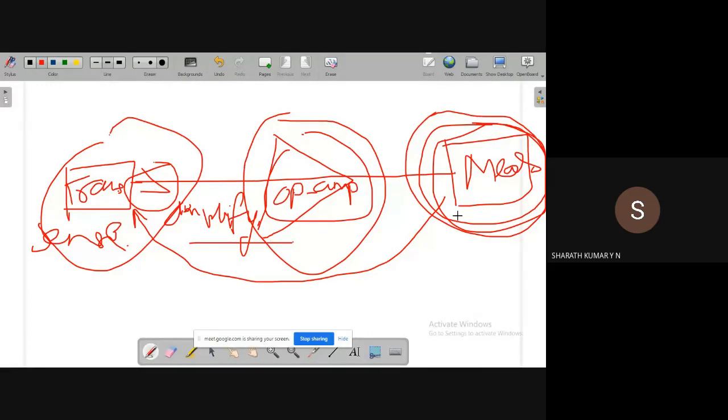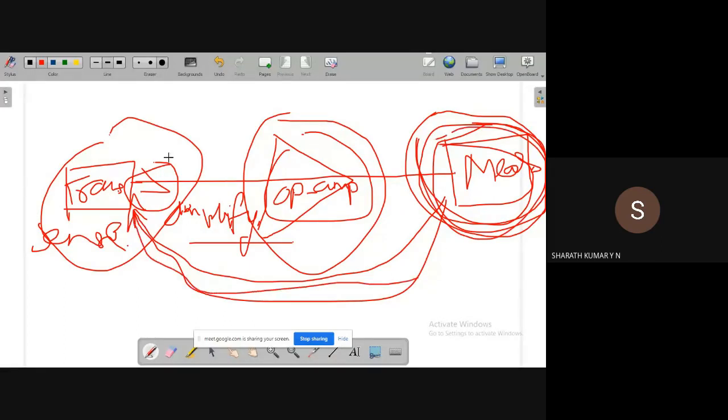This isolation is very important. If not isolated, this measuring device will be a burden on the transducer, because the measuring device has some resistance. This will modify the resistance of the transducer.